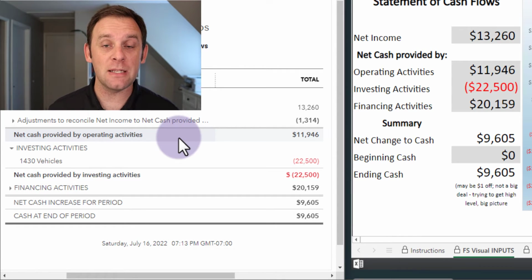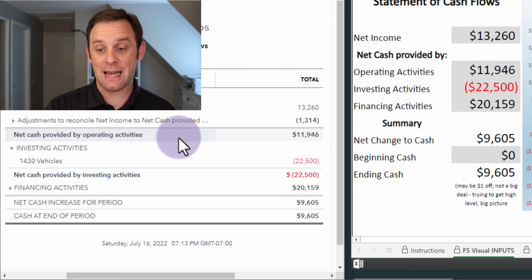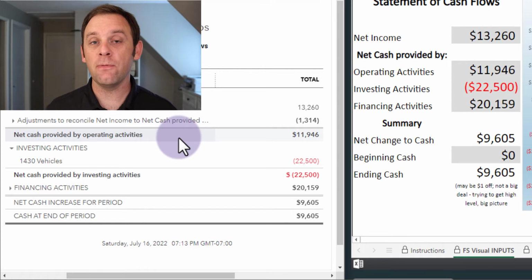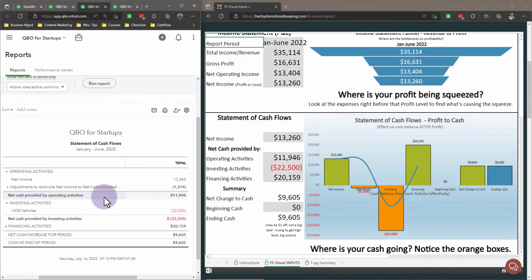They should serve the business, and you for that matter, to drive revenue and profits. You should get a return on the investment now, sometime in the future, hopefully soon. But that's why it's called investing, because we're going to get a return on it in the future, so long as it's utilized optimally. All right, so that's a big negative number. So I'm seeing the big orange box on the chart, and I'm looking back over here on my report and saying, yep, that's why.